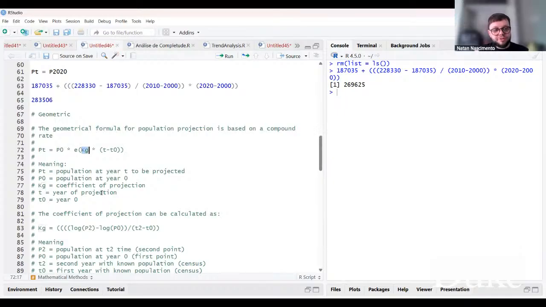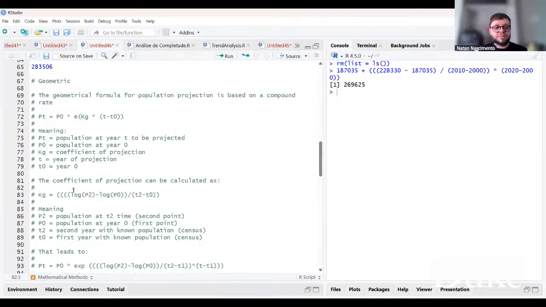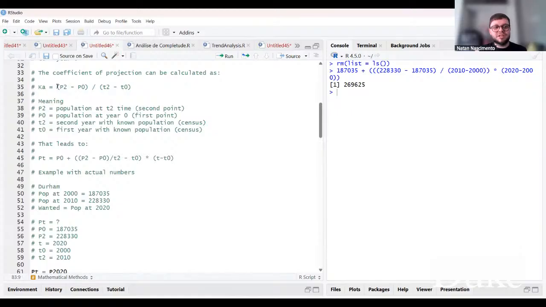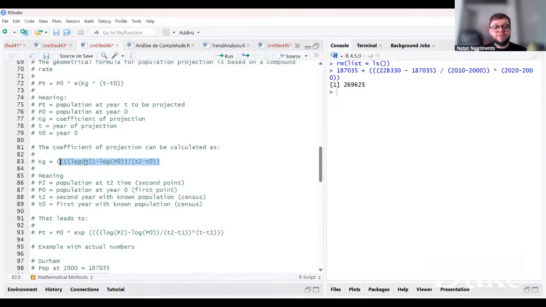This coefficient will be the same thing as the coefficient for the arithmetical, with the difference that we need the log of the population, because it will smooth and create this rate that is not trending linearly, but rather compounding, more like a parabola. So we will use the log of the population.